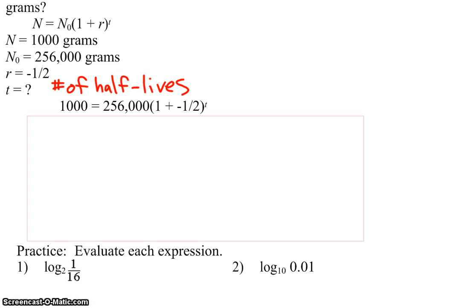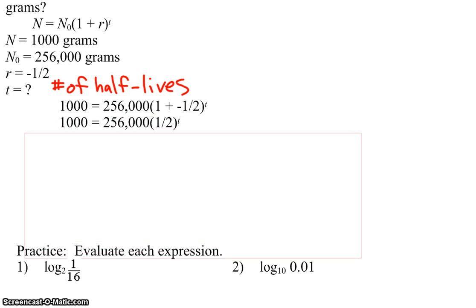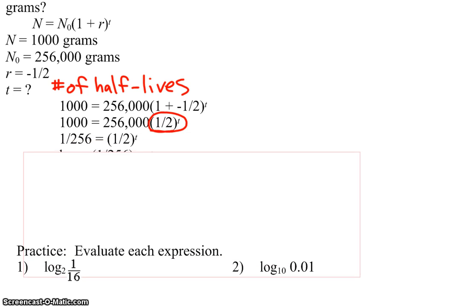Now I'm going to work within the parentheses, and 1 minus 1/2 is 1/2. And then I need to isolate the exponential part of this equation. I need to get the 1/2 to the t power alone. So I divide both sides by 256,000, and when I do, I get 1 over 256.